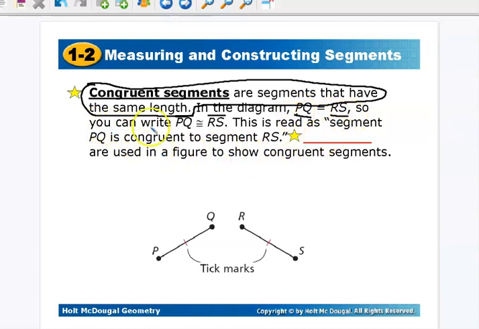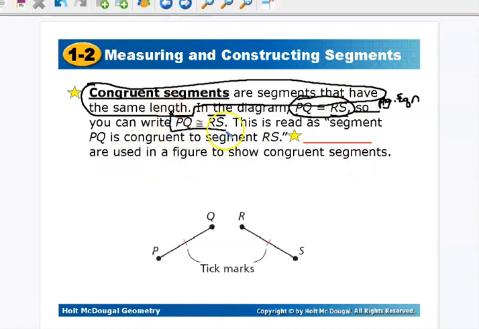So we can write, now this is an algebraic statement here. PQ and RS are actually a geometric variable. So this is our algebraic equation, using shorthand there. That's our algebraic equation.